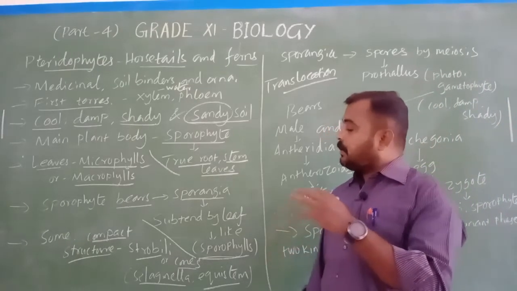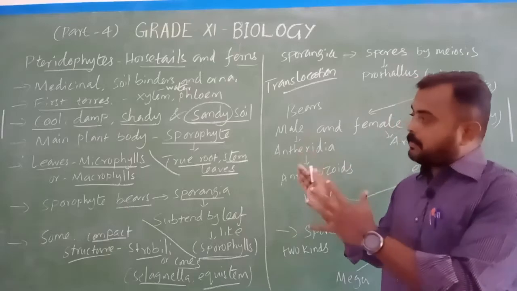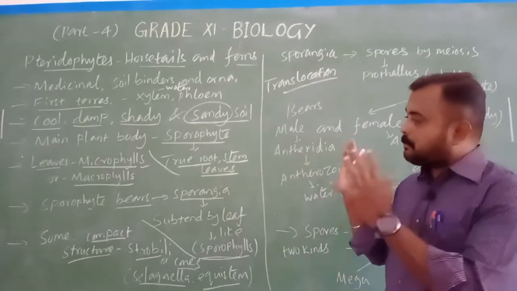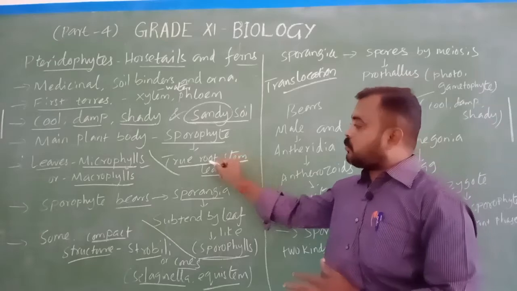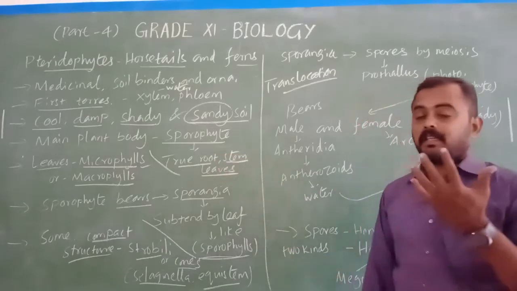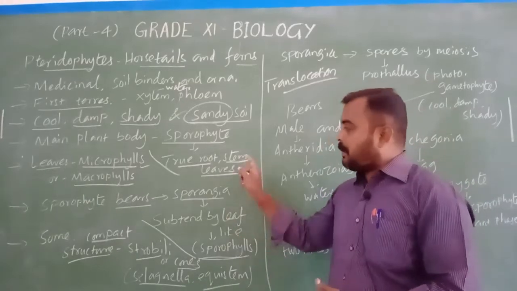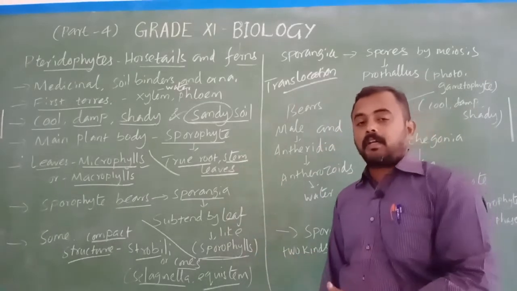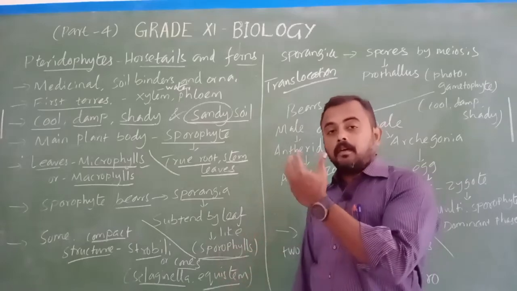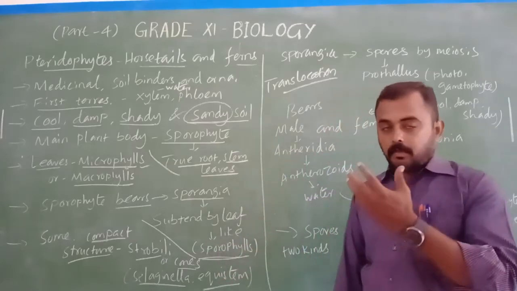Here the sporophyte is the main plant body, which consists of root, stem, and leaves. Here we don't have the gametophyte as the main plant body. But in the bryophytes, as I told, the main plant body is the gametophyte.